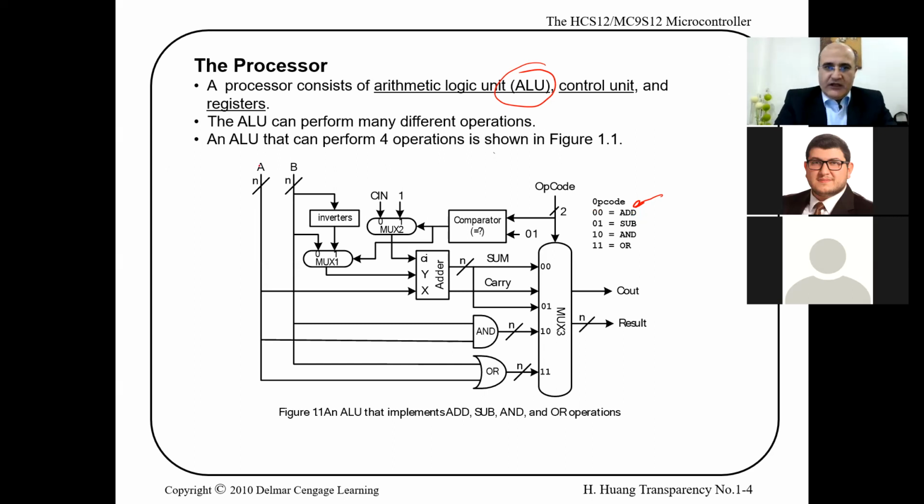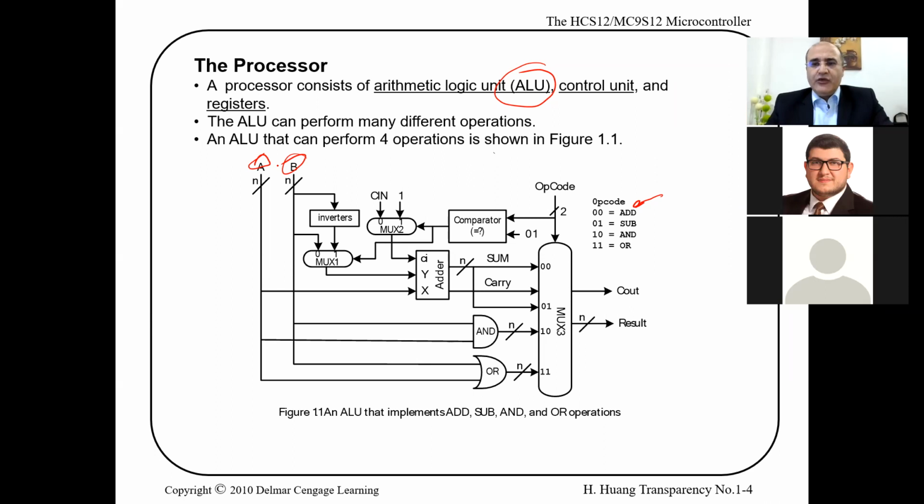Number 1 is A, number 2 is B. And these are fetched from the place they are. They could be in registers inside the processor. They can be in the program memory, part of the opcode. They can be in the data memory. Who decides what signals to send, what bits to take to this line, what to send to the other line? The control unit, after decoding the instruction.